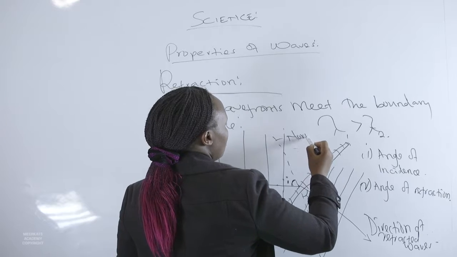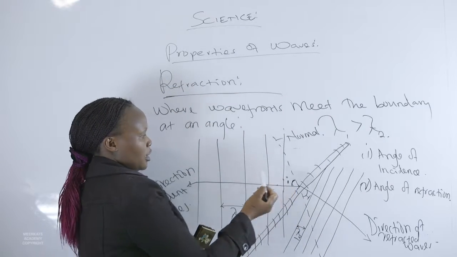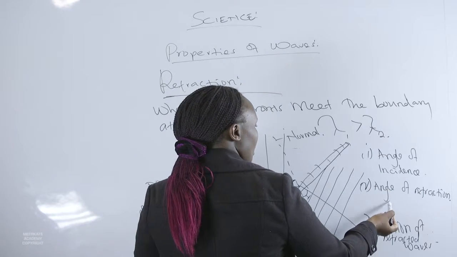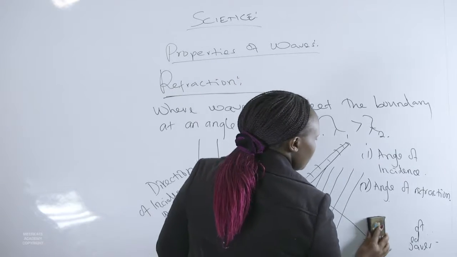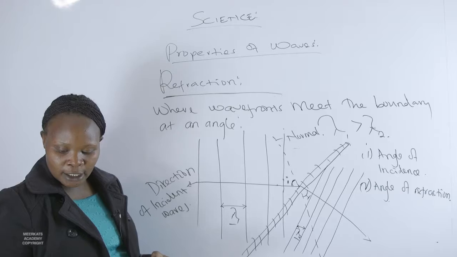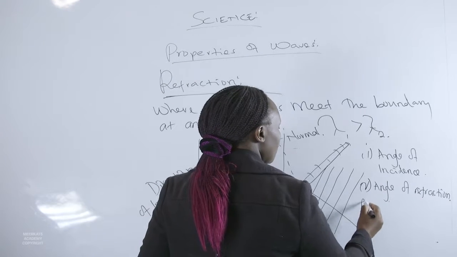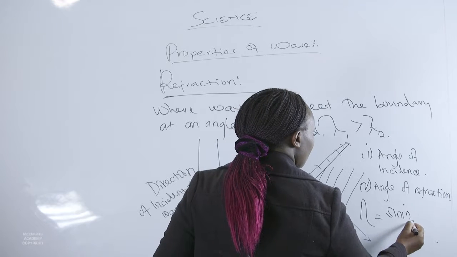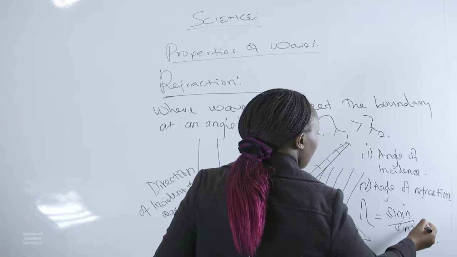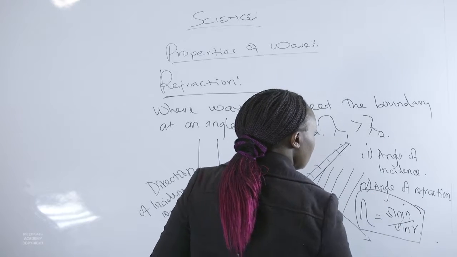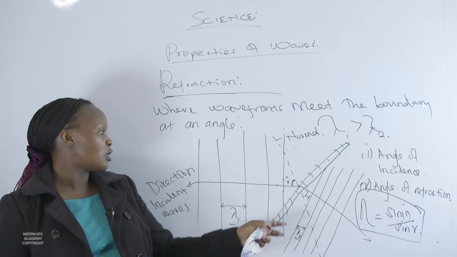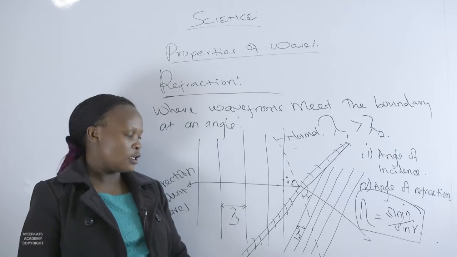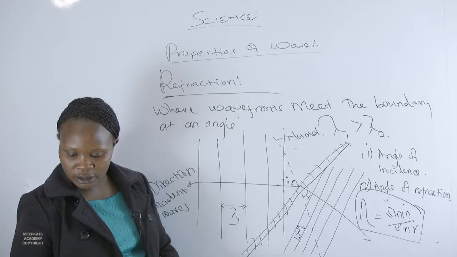This is the normal, so that we can clearly see the angle I as well as angle R. Now, the angle of incidence and angle of refraction will be related in a relationship that we call the refractive index, which is equal to sine I over sine R. So this relationship is what is going to govern the relationship that will exist between I and R as angles of incidence and refraction respectively.